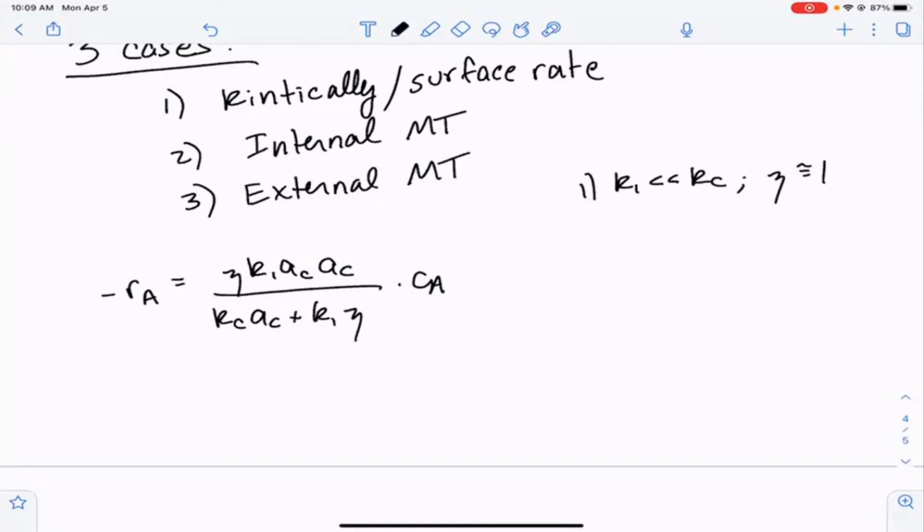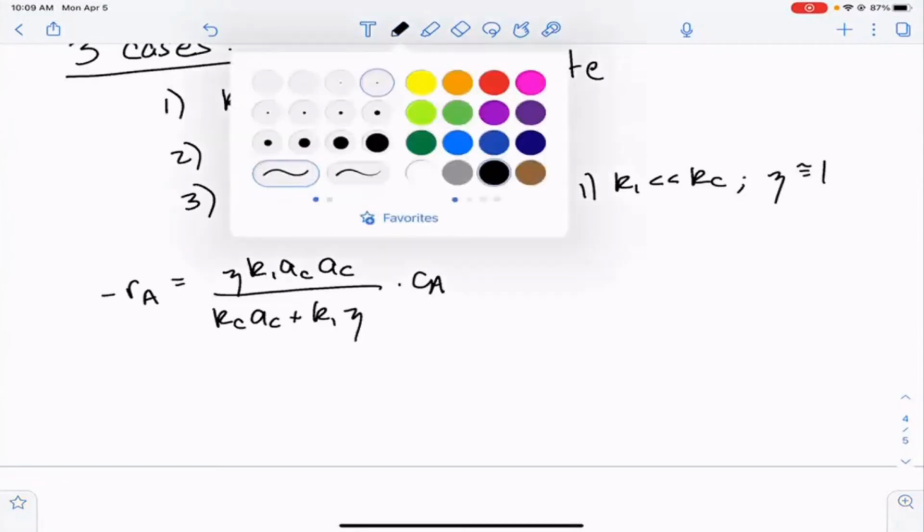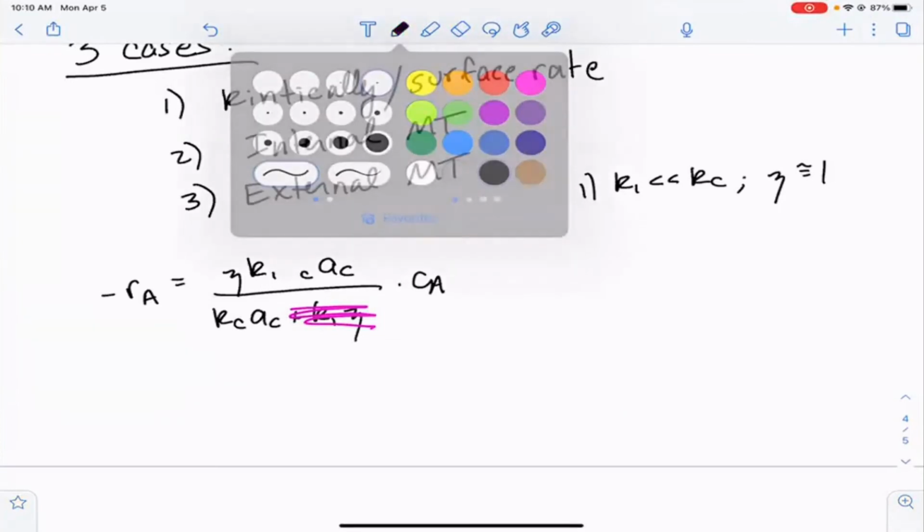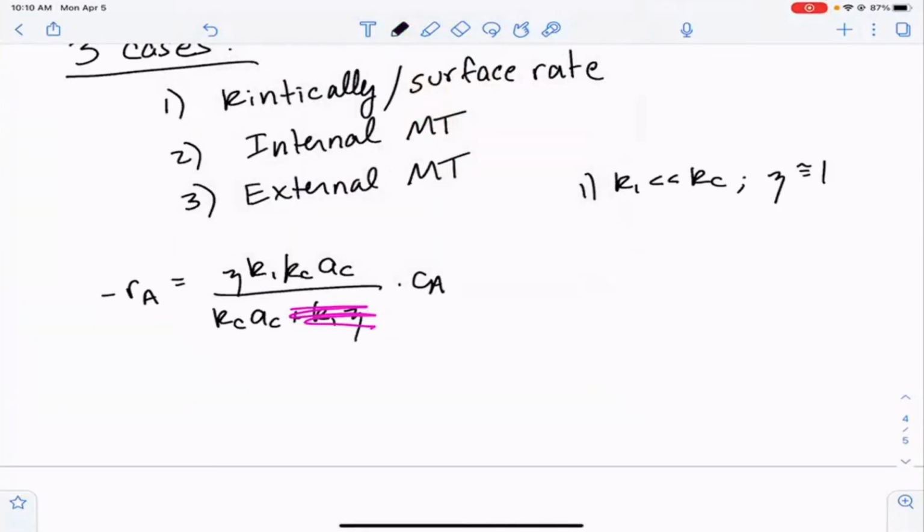And when K1 is much less than KC, this really simplifies quite a bit, because if you look at this expression for minus RA, when we have K1 far less than KC, what's the first thing that happens? That goes away, because K1's very small. Now all of a sudden we have this expression that is the effectiveness factor times K1 times KC times CA over KC times CA. I apologize, guys.